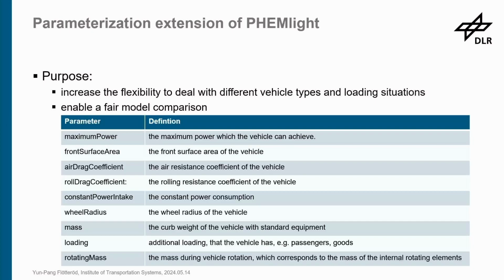They were actually separately defined in the original PHEMlight 5 file. So we select them, and then we make them parameterizable so that everyone can just define these parameters in the SUMO vehicle type, same as the parameters in EVM and MMP EVM.